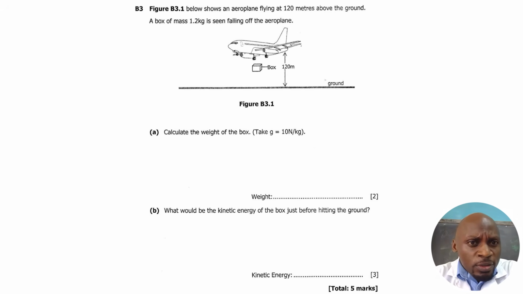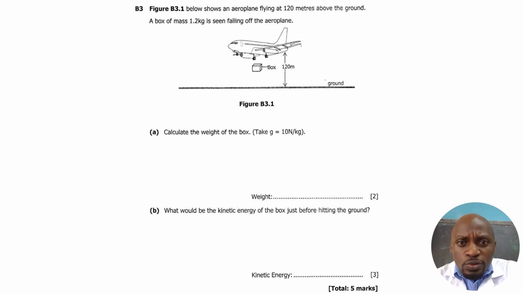To go straight into the question, it says Figure B3.1 below shows an aeroplane flying at 120 meters above the ground. A box of mass 1.2 kg is seen falling off the aeroplane.